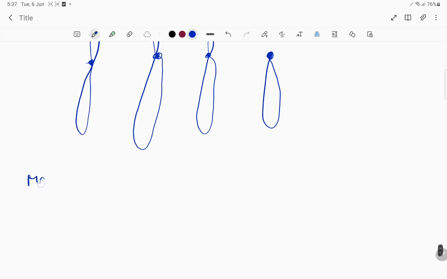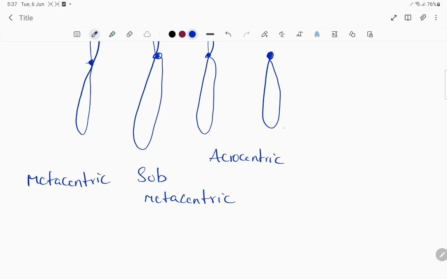So this is metacentric. This is submetacentric. This is acrocentric. And this is telocentric.